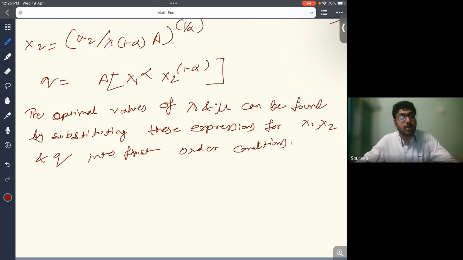Okay. So the optimal relation between the value of the marginal product of each input and its price can be established here.